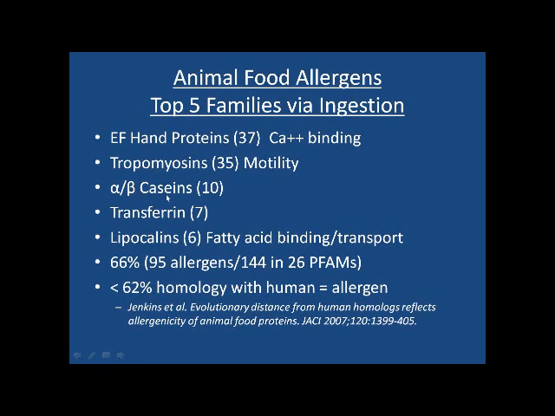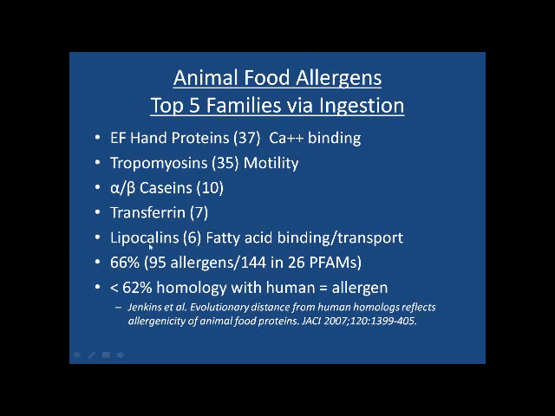The alpha and beta caseins are rather important. Transferrins seem to be important, and they're also important in our defense against microorganisms, in that they bind iron and sequester it from bugs. The lipocalins seem to be very important, and they're simply fatty acid binding and transport proteins.